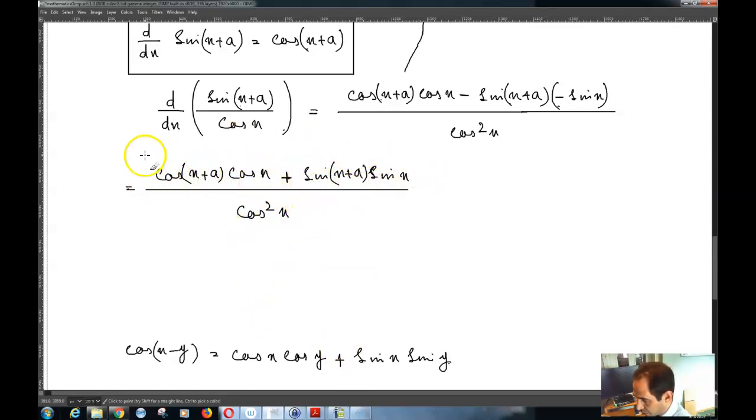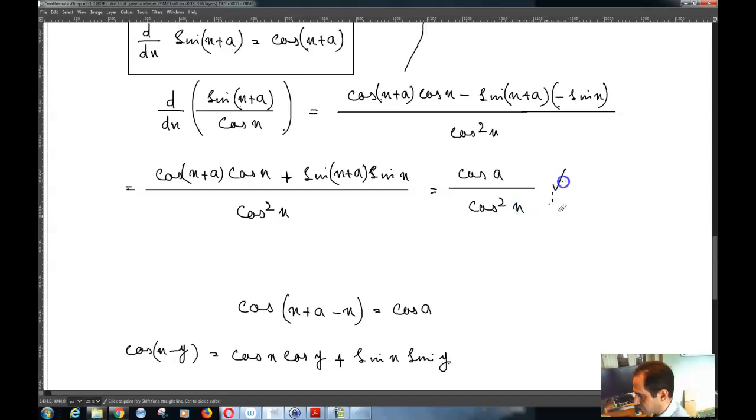So I can write the numerator as cos of x minus y, which is cos of x plus a minus x, which is equal to cos of a. So this is equal to cos of a over cos squared x, which is the answer that you find in the book. So that's basically that.